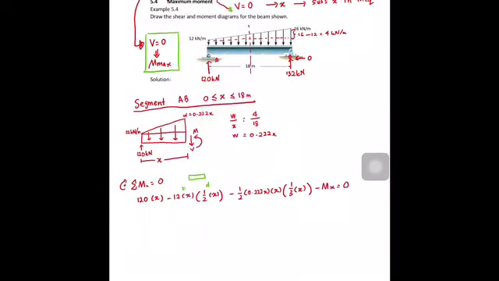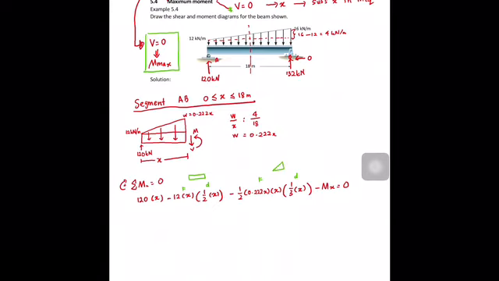Again, put the notes. So this is your F, the force for linear, and the distance for the linear distributed load, and this is the moment. And this one for the rectangle, this is your F and this is your distance.